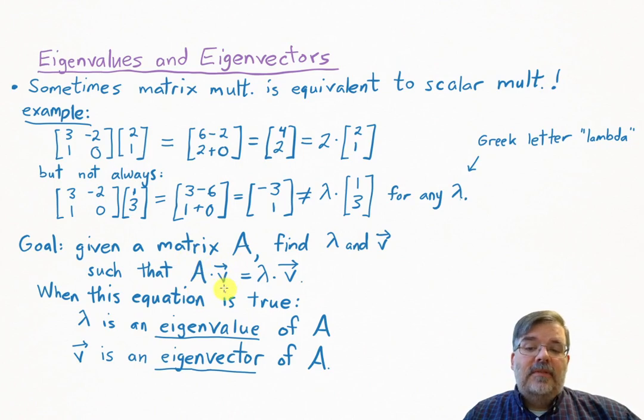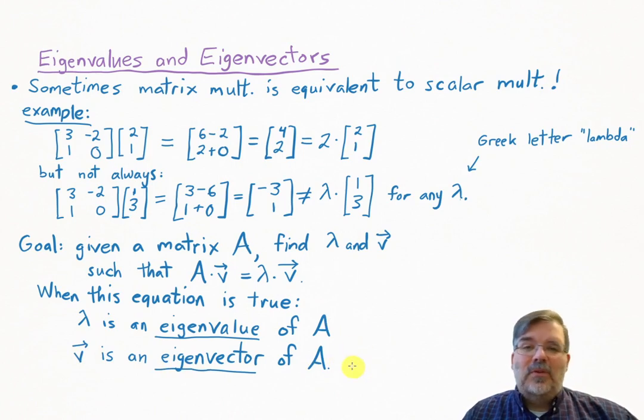Matrix A times vector v is equal to the constant lambda times the vector v. And when this equation is true, the values lambda for which it's true are called eigenvalues of your matrix A, and the vectors v for which this is true are called eigenvectors of your matrix A.